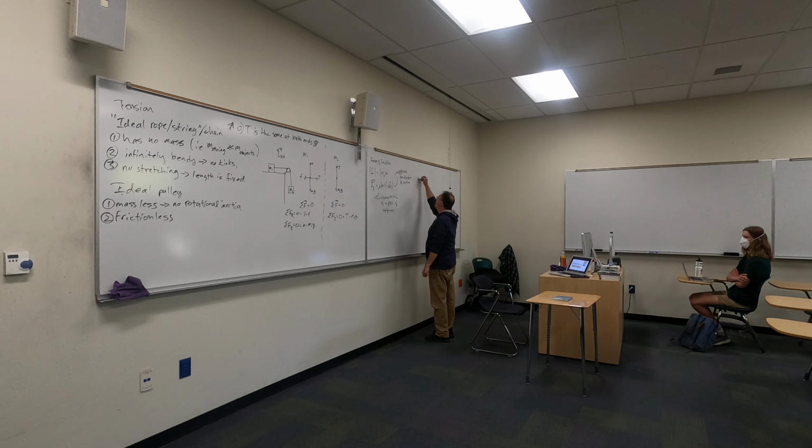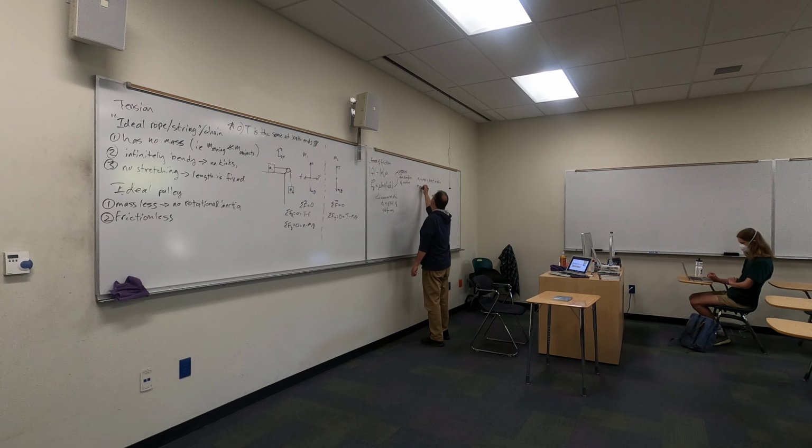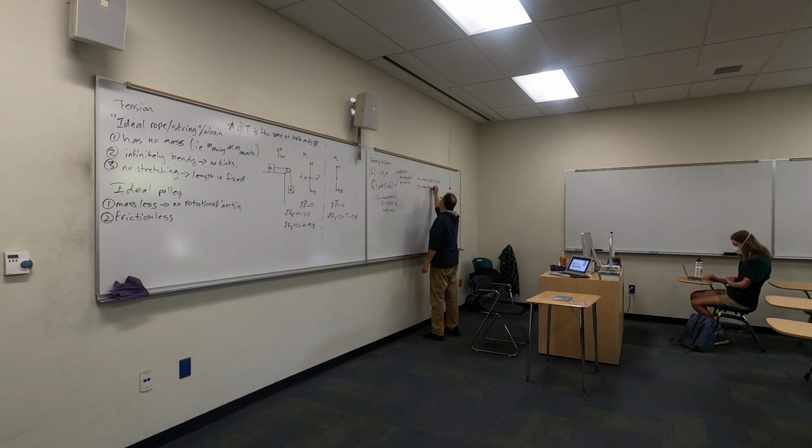I would put M1 is the mass of object 1, object on table. M2 is equal to the mass hanging from string, mass of object hanging.